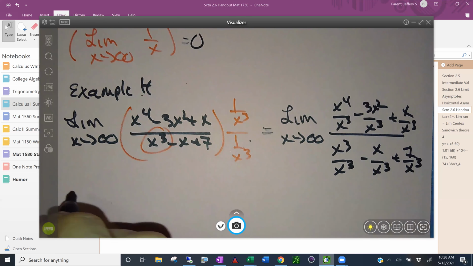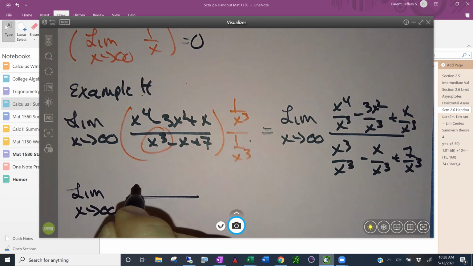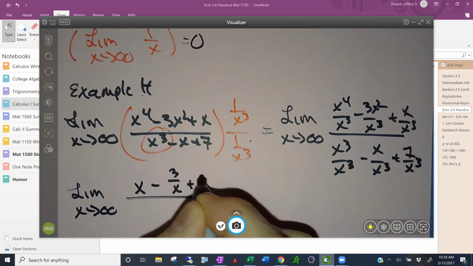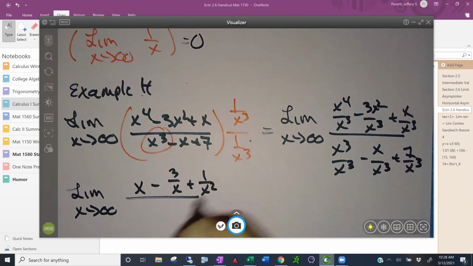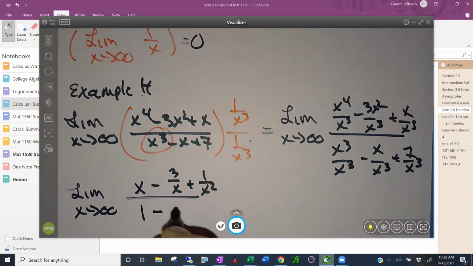A lot of you could probably just do this in your head and say, okay, if I'm dividing everything by x cubed like this, then in the numerator, I'll get x minus 3 over x plus 1 over x squared, divided by 1 minus 1 over x squared plus 7 over x cubed.